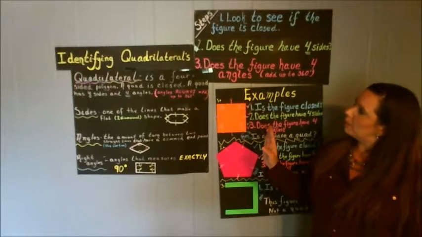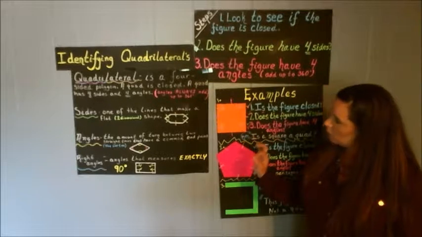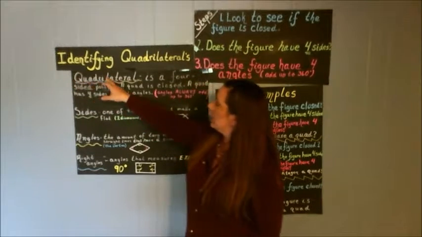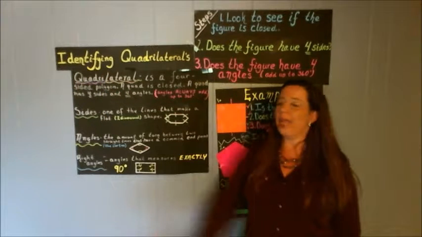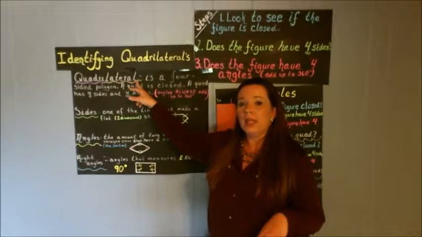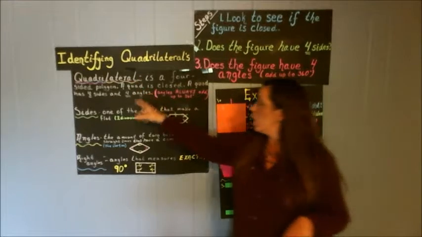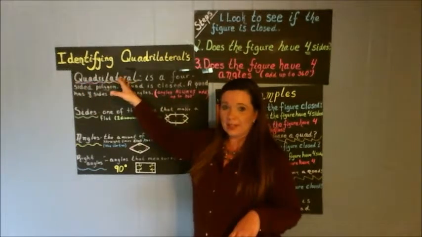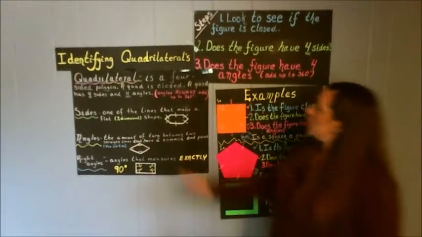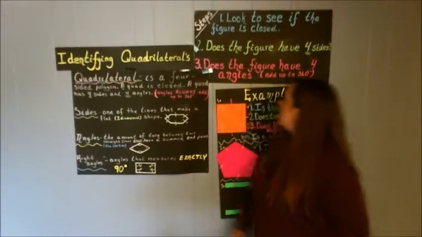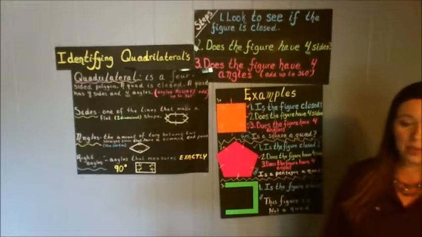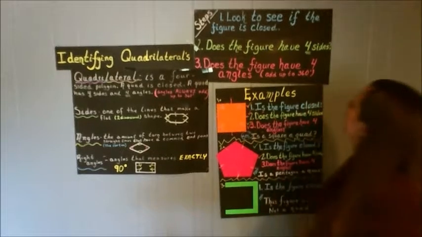Now, a little hint to remember this: quadri is a Latin term, and it means 4, okay? And then lateral means sides. So 4 sides. That might be a little trick for you to remember how to classify a quadrilateral. Any questions so far? No? All right, let's keep rolling.